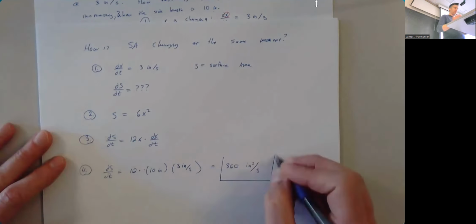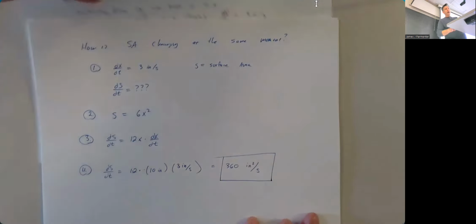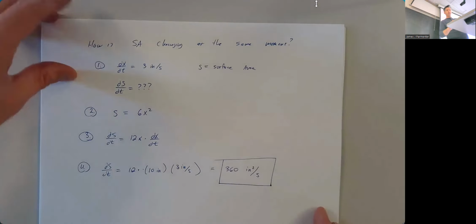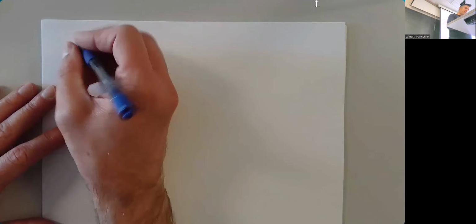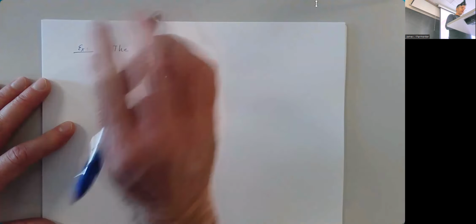Cool. Let's do more, right? I would say the ones where it's just a shape getting bigger or smaller are usually the more straightforward ones. For example, I'm going to let you all try your hand at this one. We'll switch it up and go that way.